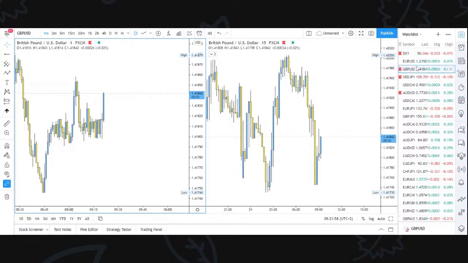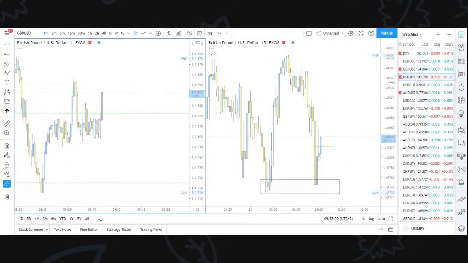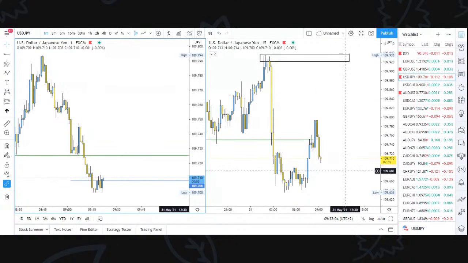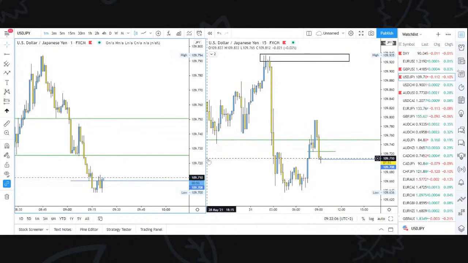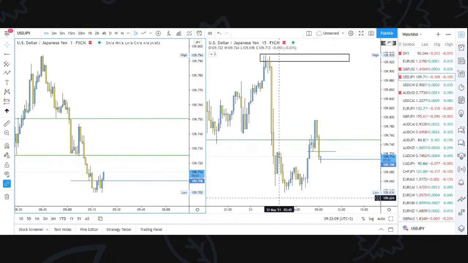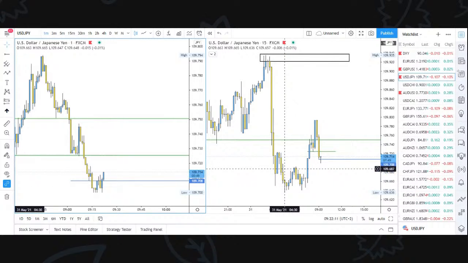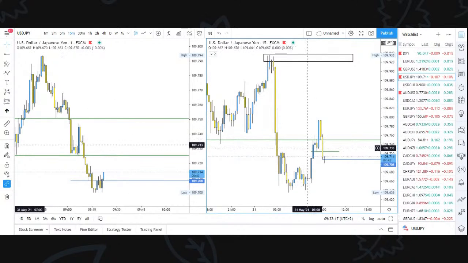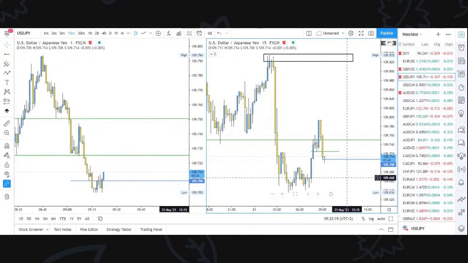I think our only trade right now in confluence with higher time frames would be this specific trade, based on the fact that this right here we broke this higher low.